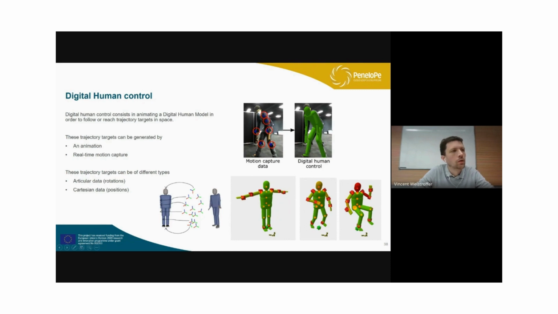On the bottom right of the slide, we see also different pictures. The red cubes that you see are motion capture targets. These motion capture targets can move in space, and at the end, we want the digital human model to follow these targets.